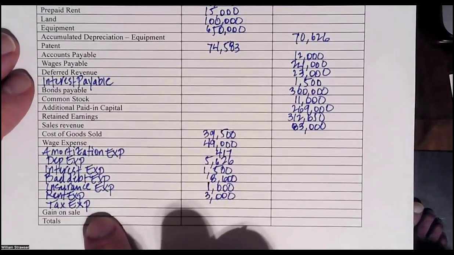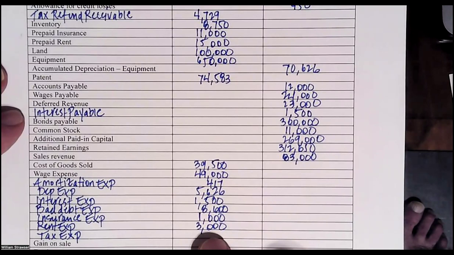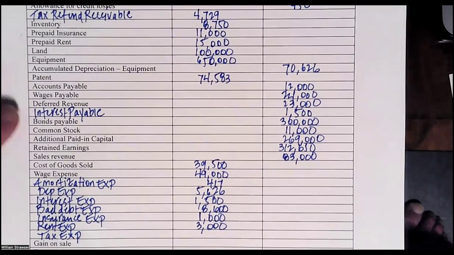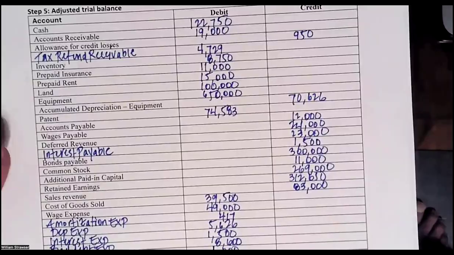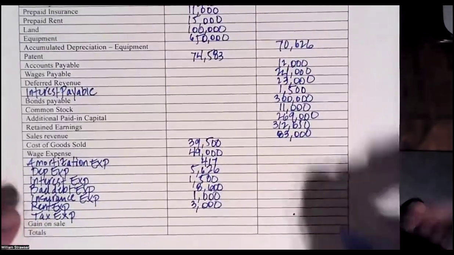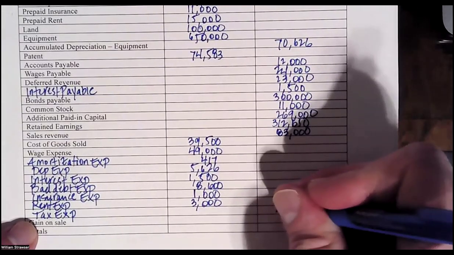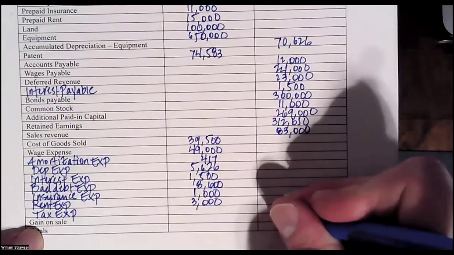Now, tax expense, if we had positive pre-tax income, would have been a debit balance. But remember, we had negative pre-tax income. And since the pre-tax income was negative rather than positive, I'm going to have a credit in this account for 4,729. And then finally, our gain on sale moves forward $2,000.